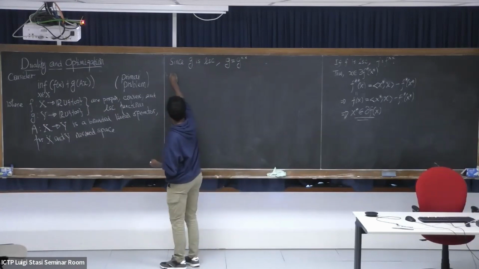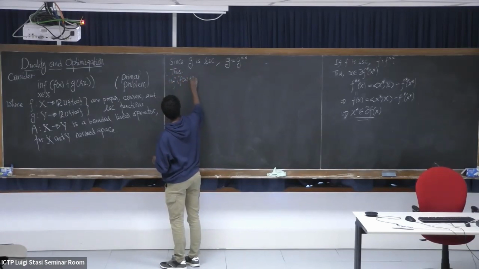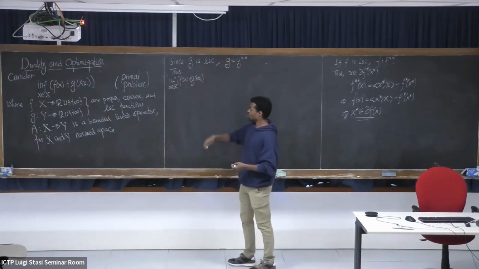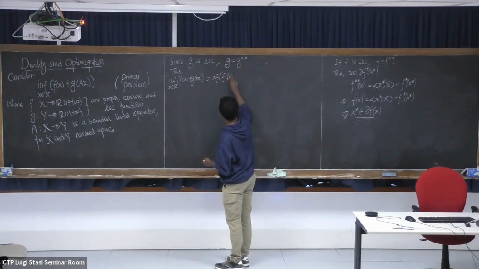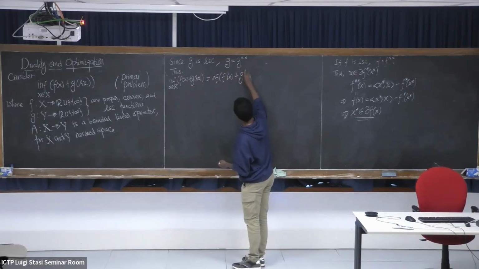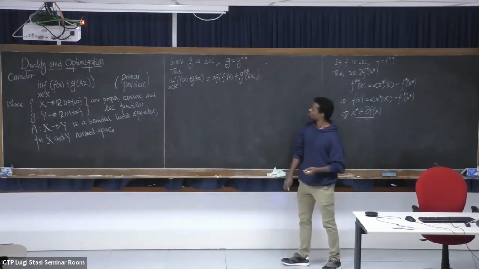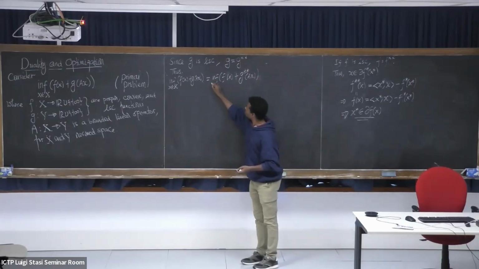So the infimum of f of x plus g of Ax is equal to the infimum of f of x plus g double star of Ax, where x is in X.